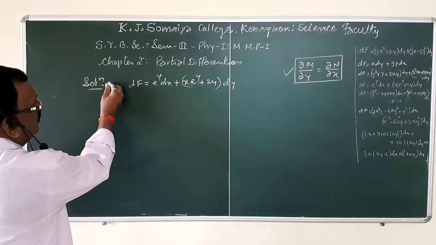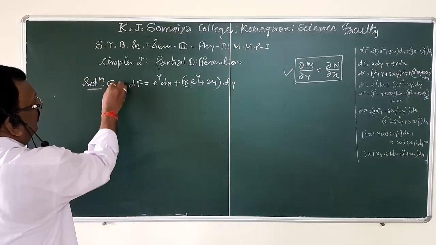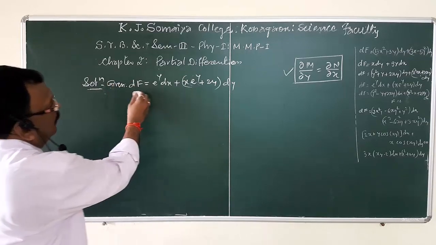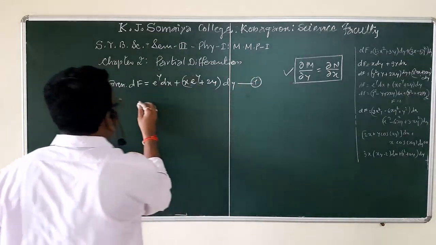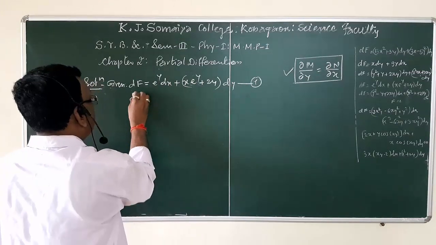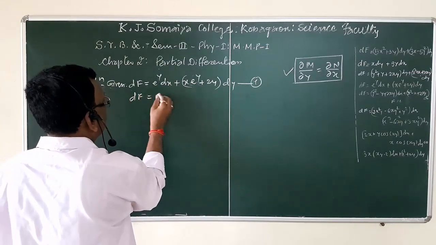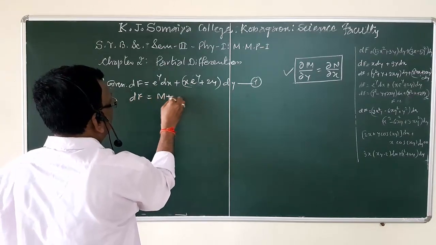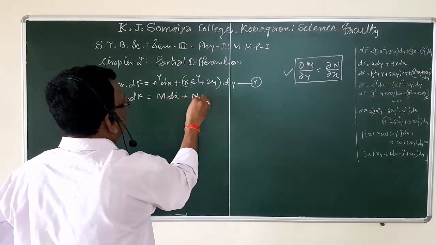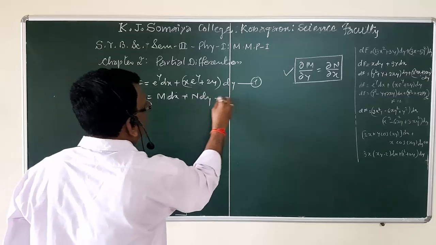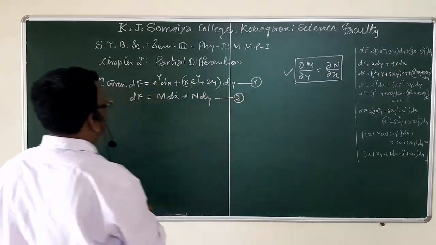Again, consider the solution. In this solution, give the first number to the given relation for df. Compare this equation 1 with the standard format of exact differential equation m dx plus n dy, that is, this is equation 2.